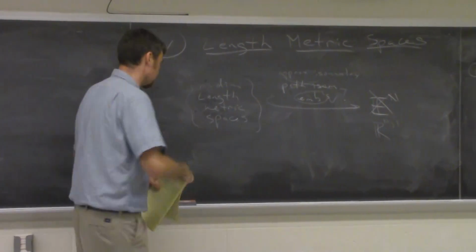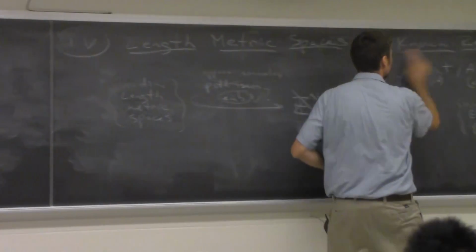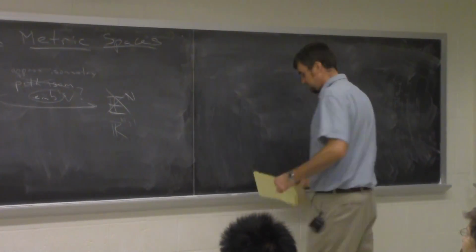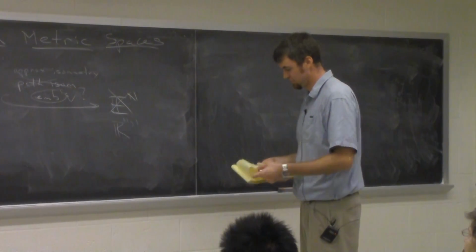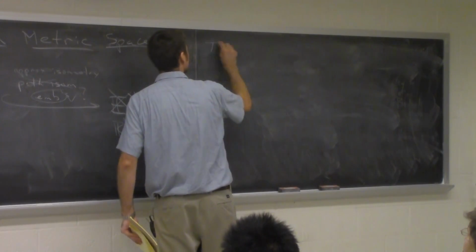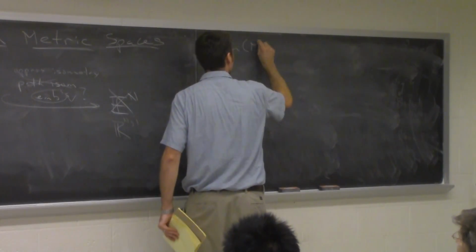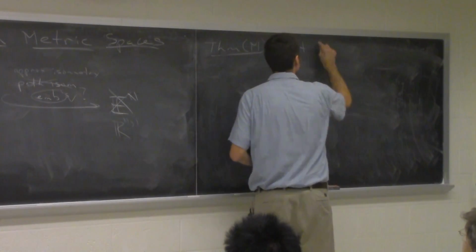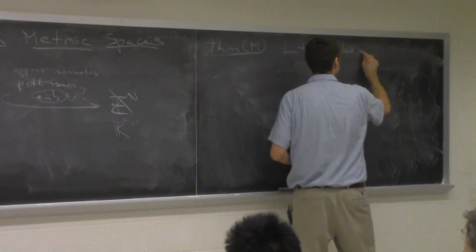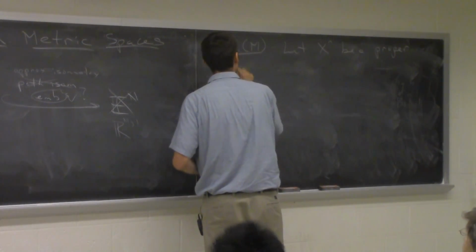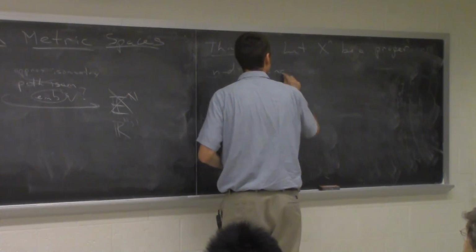So let me write down an actual statement. So call this the main theorem, whatever. Theorem. Let X_n be a proper n-dimensional length metric space.